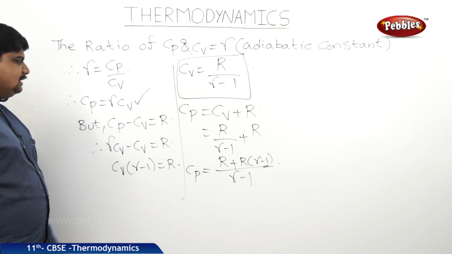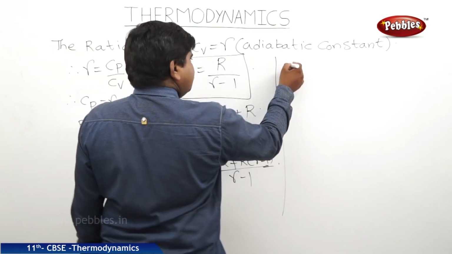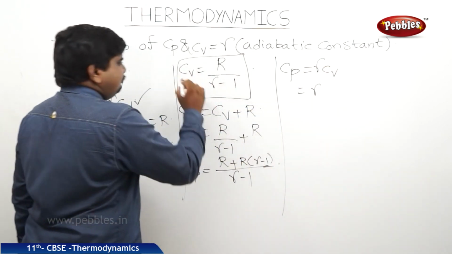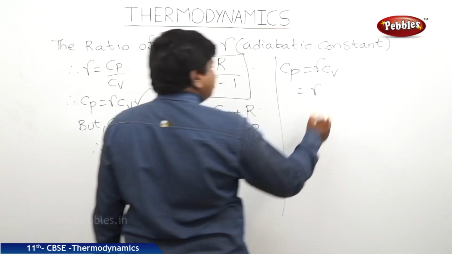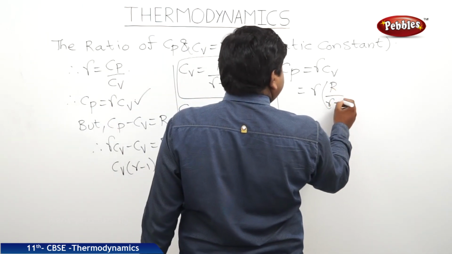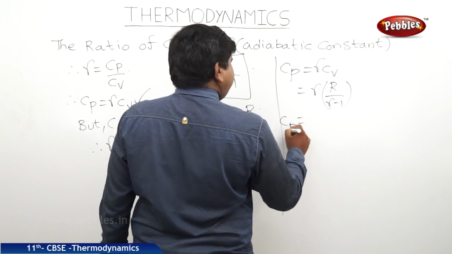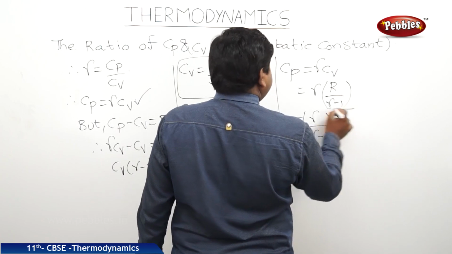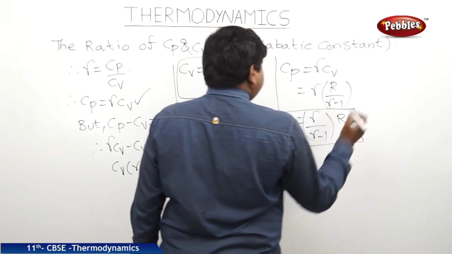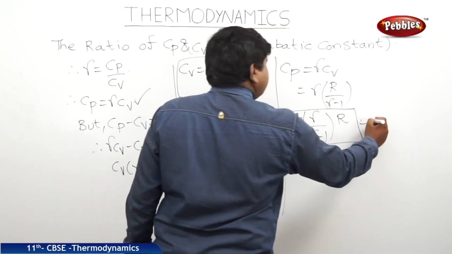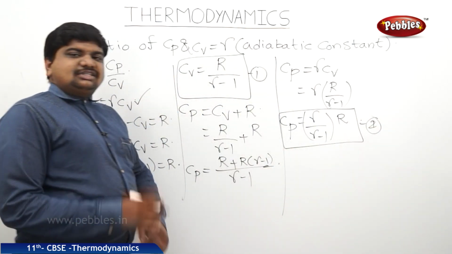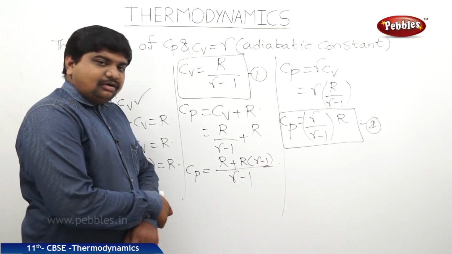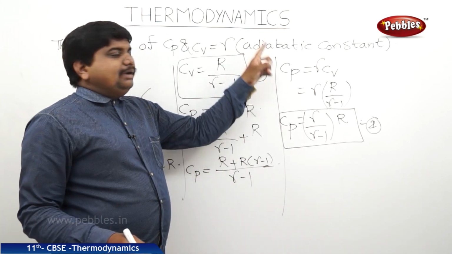So we can write Cp is equal to gamma Cv, therefore gamma into R by gamma minus 1. Therefore Cp is equal to gamma by gamma minus 1 into R. Let us suppose this is equation 1, this is equation 2. Equation 1 and equation 2 represent the specific heats at constant volume and constant pressure in terms of the adiabatic constant.